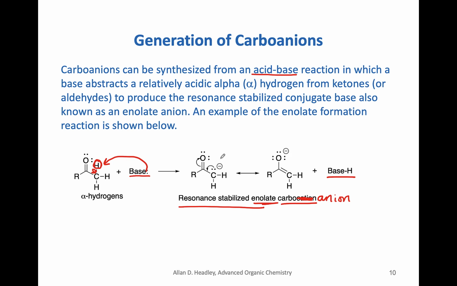The bottom line here is that the negative charge, or the unshared pair of electrons, resides on the carbon. But it's resonance stabilized, as we saw earlier, because of this conjugated system adjacent to it. So you'd expect this carbon here to be sp2 and flat. The enolate is a carbanion, and it's resonance stabilized as shown here.